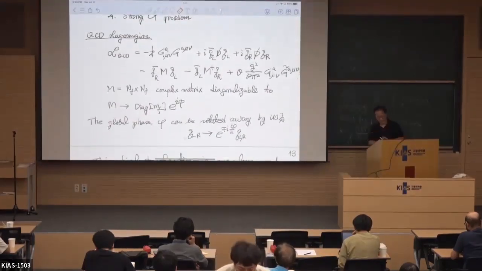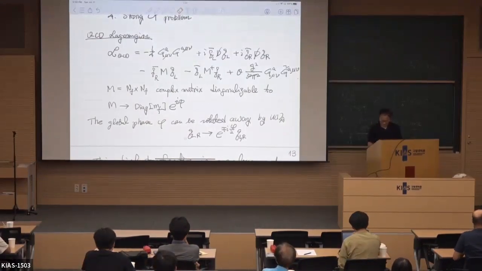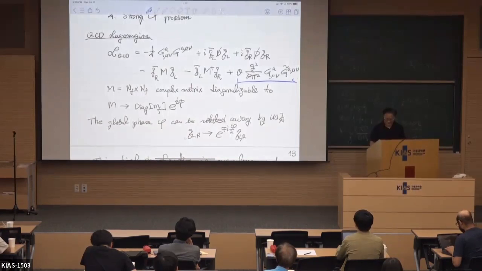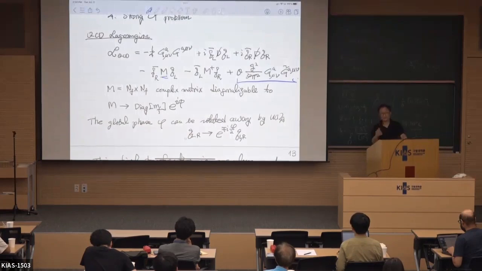So now our QCD Lagrangian should include this additional theta term. Actually, let us look at this mathematics more closely. We know that this Yukawa matrix comes from the electroweak symmetry breaking.